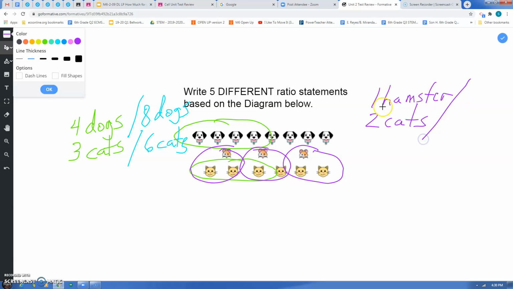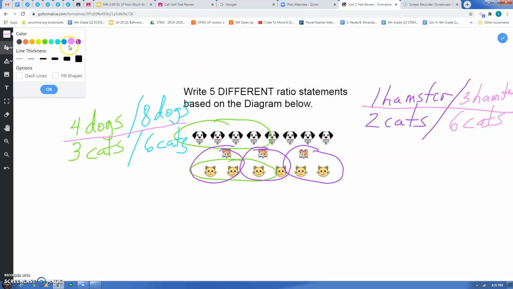Or I can make a larger pair, that is 3 hamsters. And if I do 3 hamsters, then I compare that to 6 cats. So that is already 4 ratios.